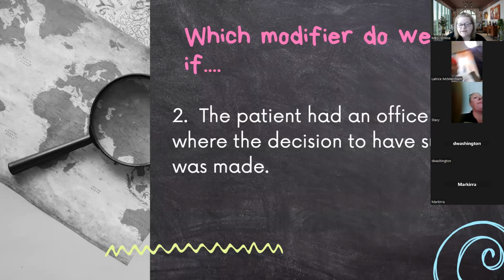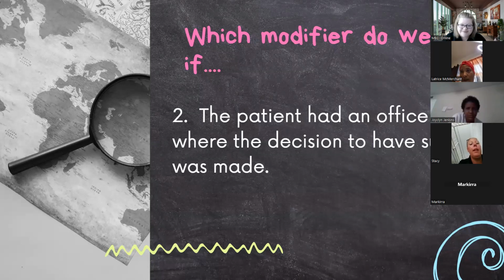All right, so this is one that we did not talk about specifically, but it is one that you will see. The patient had an office visit or an E&M service where the decision to have surgery was made. So let's say they did some testing and they came back on a particular day to go over lab results, and the doctor decided in that particular visit that we need to go ahead and have surgery because of XYZ. Modifier 57.